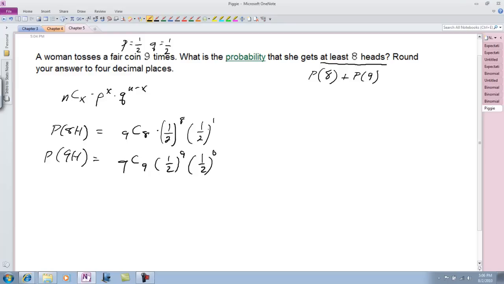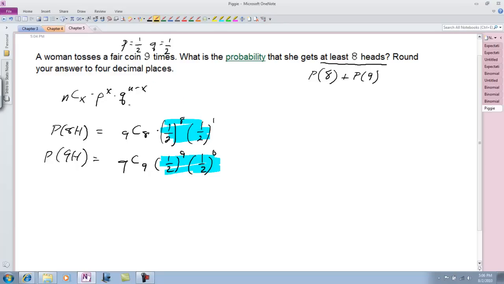And I want you to notice something here, that this is 1/2 to the 8th times 1/2, which is 1/2 to the 9th, and this is 1/2 to the 9th times 1/2 to the 0. 1/2 to the 0 is 1. So here and there you have 1/2 to the 9th. So really you just have to figure out these two numbers, add them together, and multiply them by 1/2 to the 9th, whatever that is.